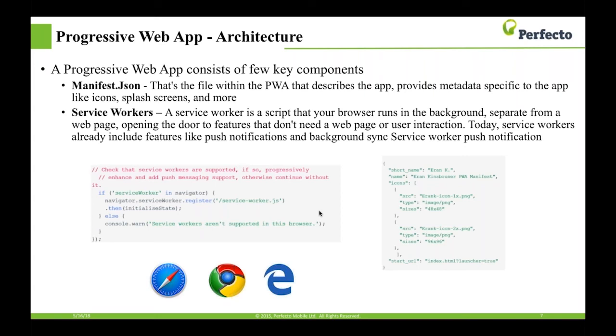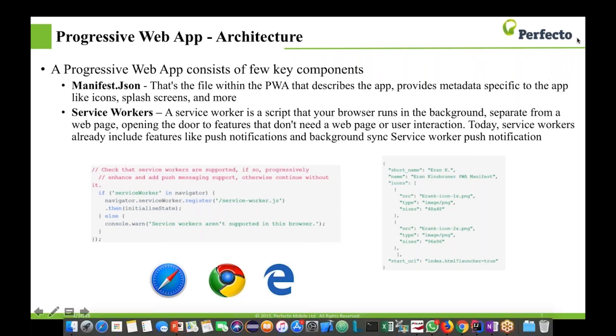And as mentioned here with the icons, Safari, starting iOS 11.3, and Chrome, way earlier in the process, support progressive web app technology. Edge 17, I just updated my desktop to Edge 17 yesterday. Edge 17 officially supports progressive web applications as of today. And Firefox also supports it.